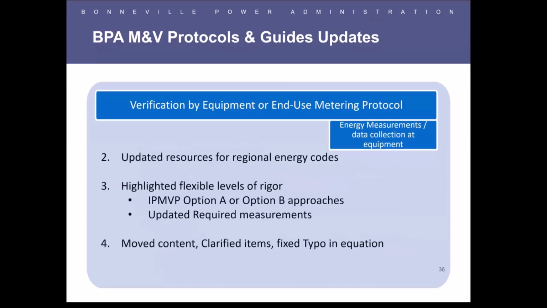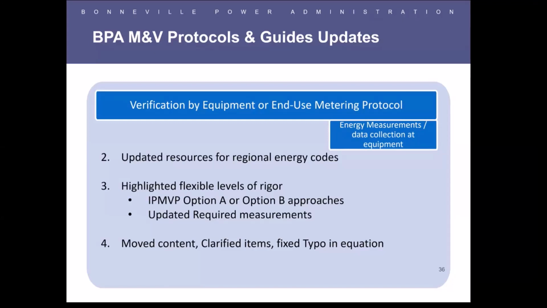The other thing we did to the verification by equipment in-use metering protocol, we added or updated a few of the resources for regional energy codes. Where we tell you to use a code baseline, we're not more specific than that, and codes and regions and applicability vary. So we provided some regional codes to help make it clearer what would apply. Things like the Washington Energy Code and the Oregon state codes are all listed there now.